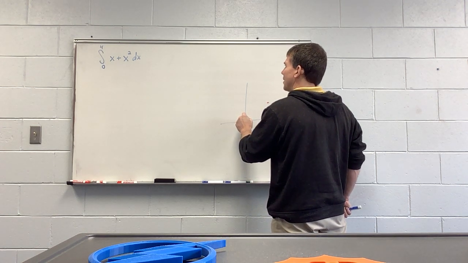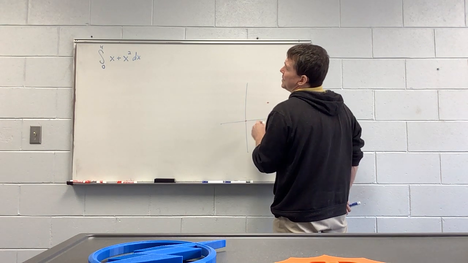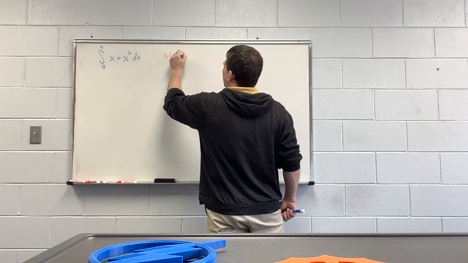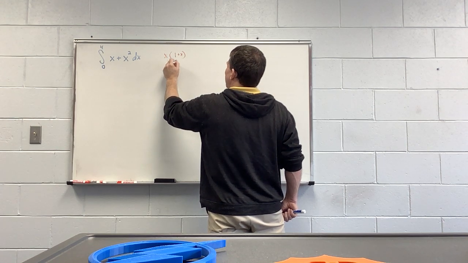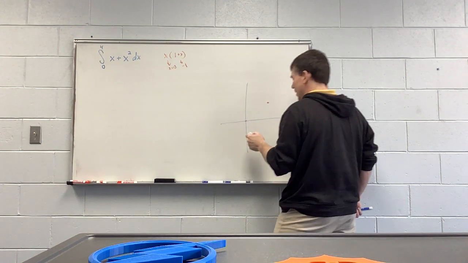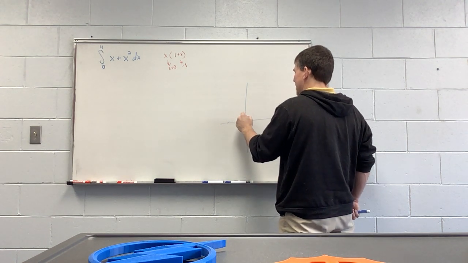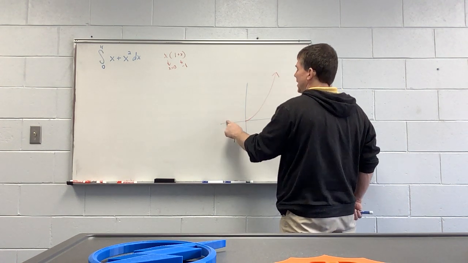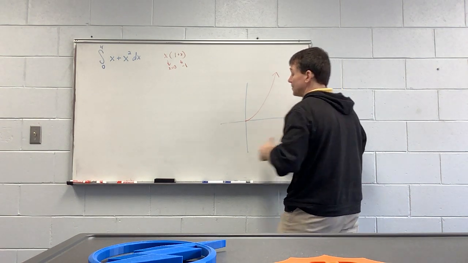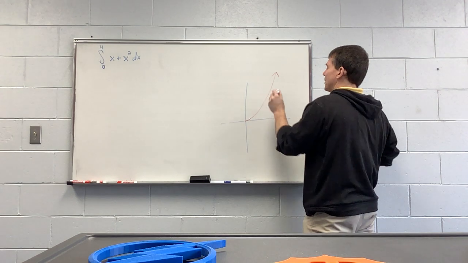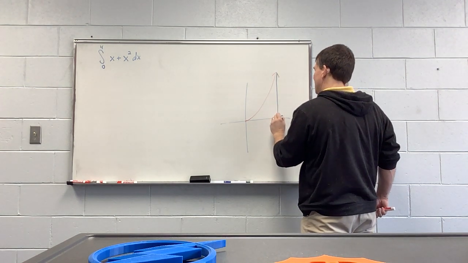The zeros, if I factored this, would be x and 1 plus x, so there's a 0 at 0 and a 0 at -1, which means I can be reasonably convinced it just looks like that. Good. And now I want to find the area under the curve as I go from 0 to 4.